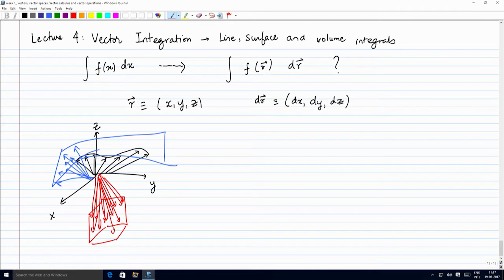So these are the three kinds of integrals that you will see. This would be a volume integral, this would be a surface integral, and this would be a line integral.